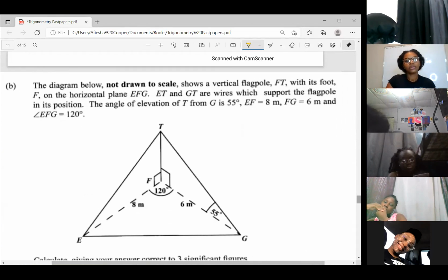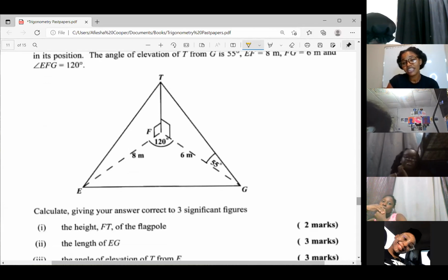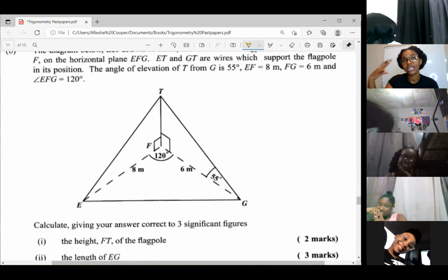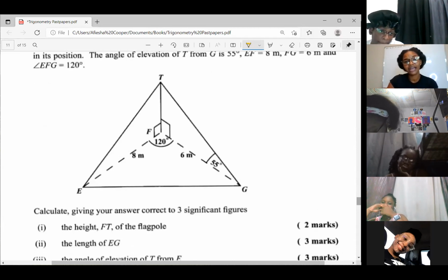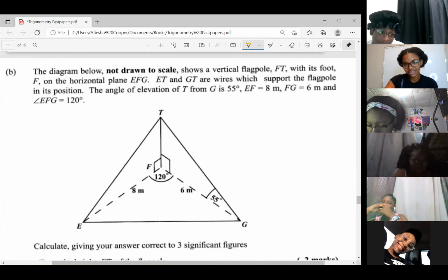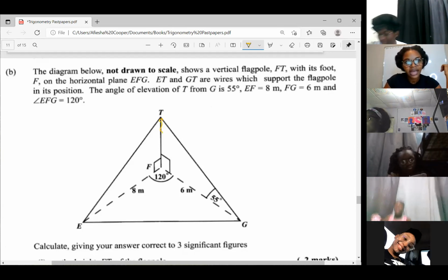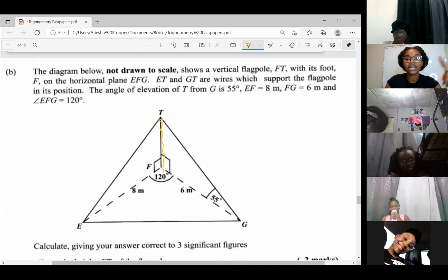All right, let's go. They give us all the information. I know at this point in the paper, you watch those 3 lines and say, ha, I'm not reading that. Please read it, right? Sometimes they want you to plug in information. So EFG, the flagpole is here, with a foot on a horizontal plane, right?